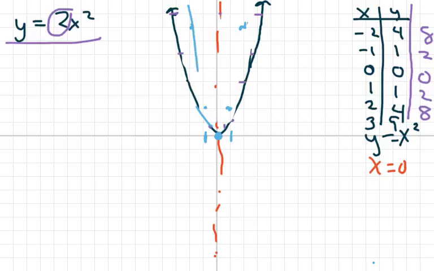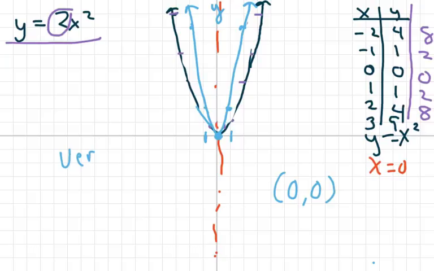And then I connect it, and you can see it's a stretch. It gets narrower and gets closer to the y-axis. Okay, and the vertex here is 0, 0. So we would call this a vertical stretch by 2.